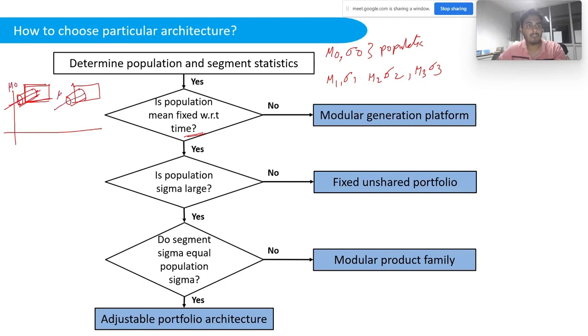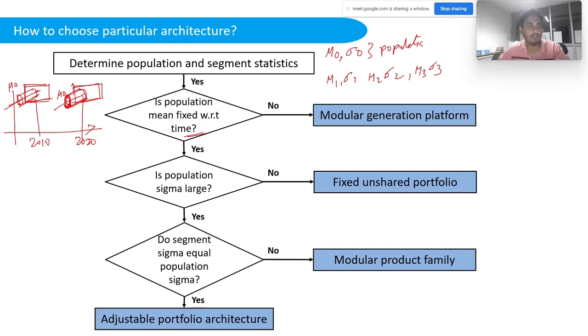The population mean length is changing over time. In 2010, and now in 2020, you realize that people demand a longer lens to have greater optical zoom. So the population mean is not fixed with respect to time.